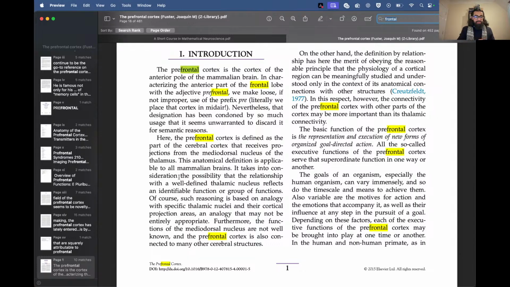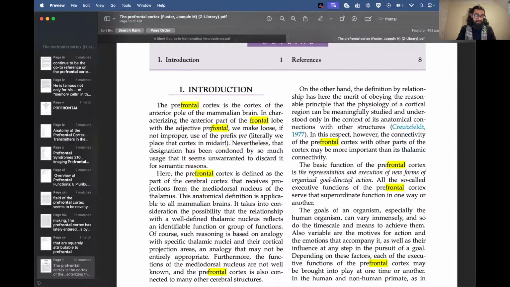It takes into consideration the possibility that a relationship with a well-defined thalamic nucleus reflects an identifiable functional group of functions. Furthermore, the functions of the medial dorsal nucleus are not well known, and the prefrontal cortex is also connected with many other cerebral structures. That is true, such as the hippocampus.